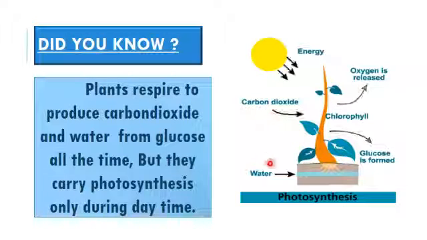Carbon dioxide reacts with water to give glucose and produces oxygen. So also we can say that photosynthesis is a reverse process of respiration. It takes place during the day when the sunlight is there, but respiration takes place all the time, 24 hours of the day. All the time plants need to respire, but photosynthesis only during the daytime.